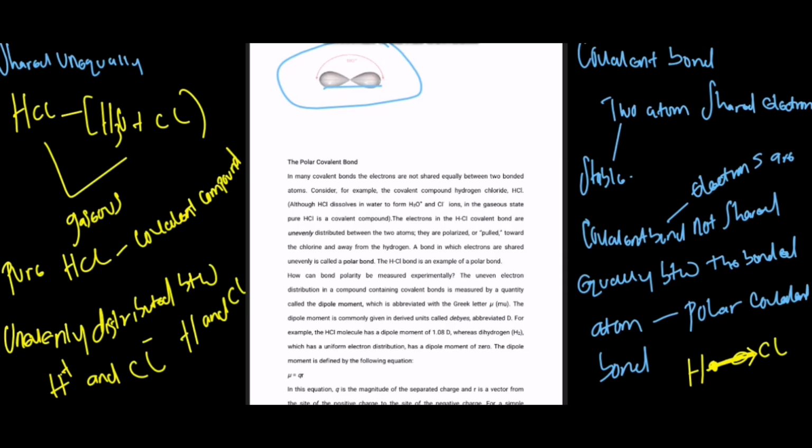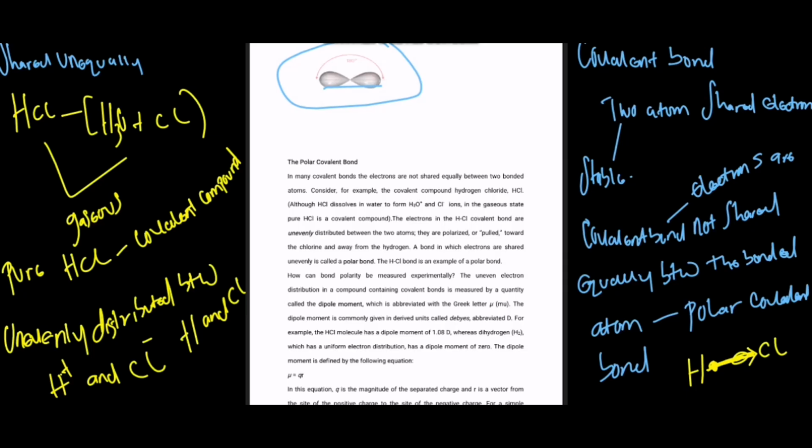So a bond in which electrons are shared unevenly is called a polar bond. A bond in which electrons are shared unequally is called a polar bond.